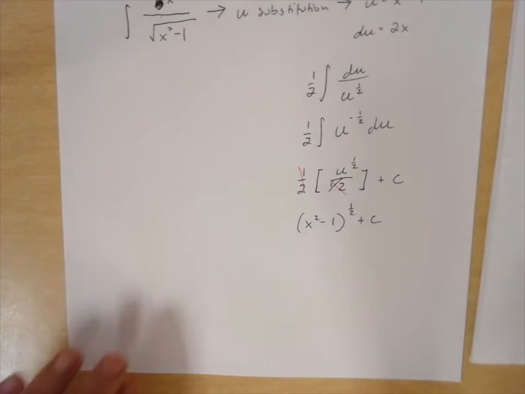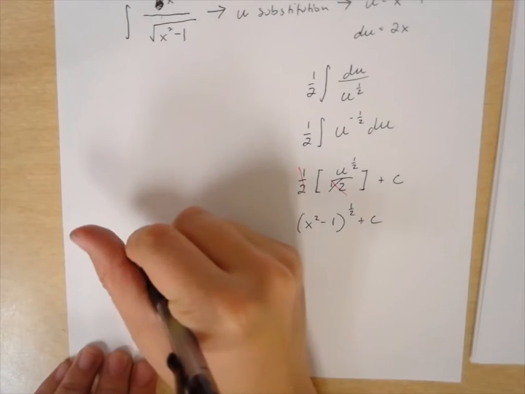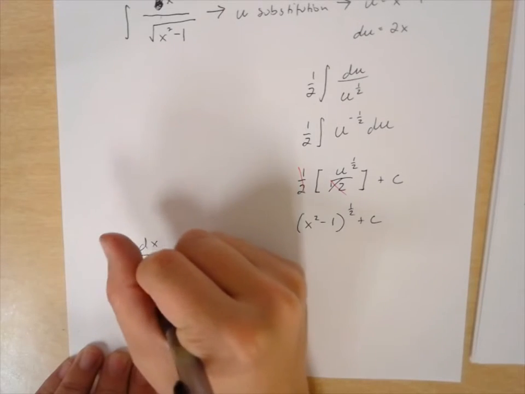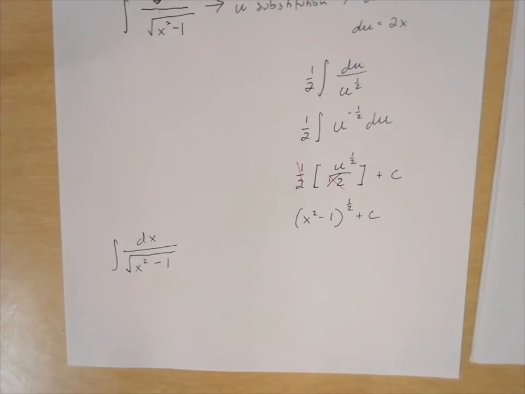Lastly, I want to show you, if we had an integral dx over radical x squared minus 1. Take a second and just think about that. Do we have a rule that takes care of that? And the answer is no. We do not have any rules that would take care of that for us. If we use u substitution, we wouldn't be able to create a dx or anything else back in there.